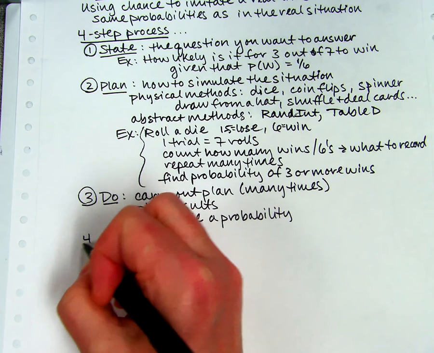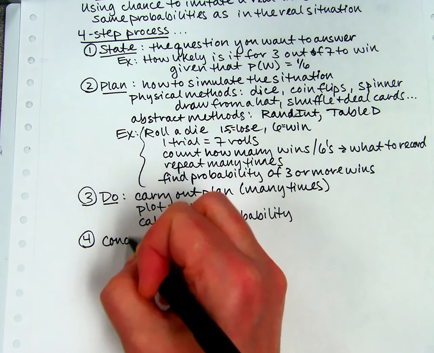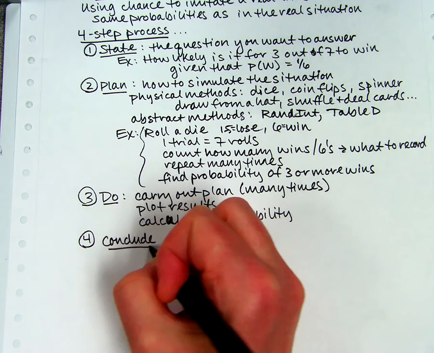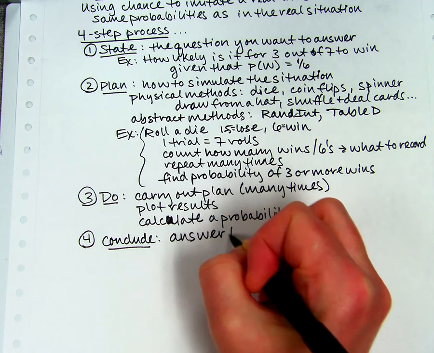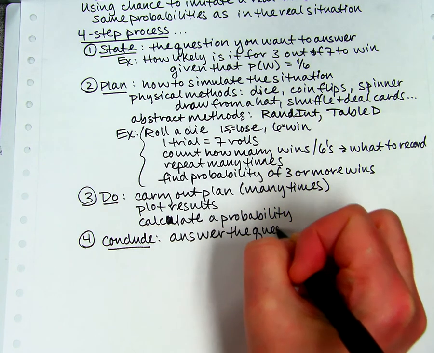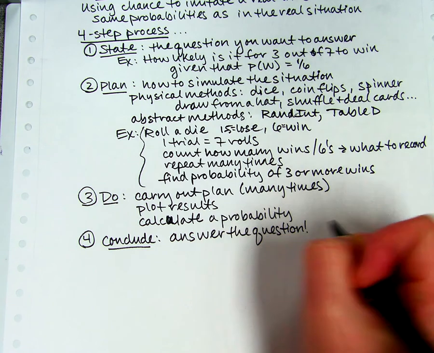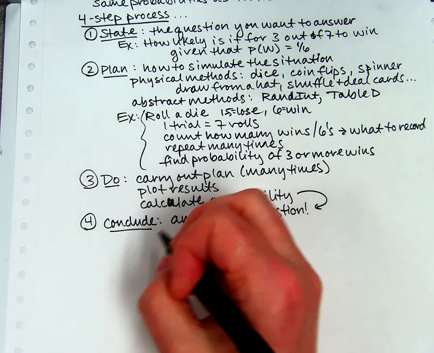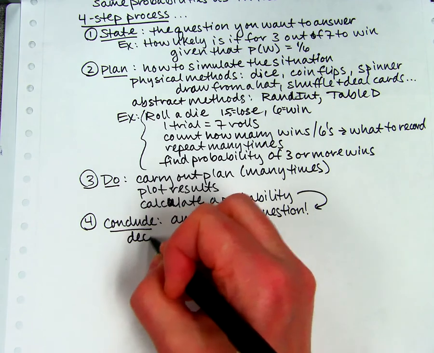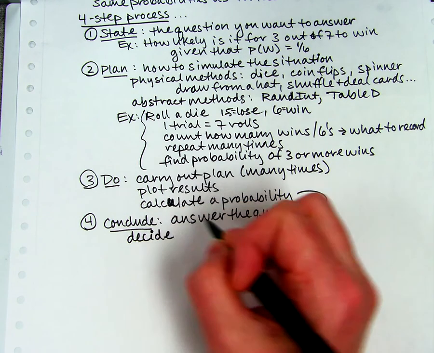And then you use that for step 4, which is conclude, where you answer the question. You use that probability that you calculated. Basically, we are trying to decide how likely is it, and is it unusual?